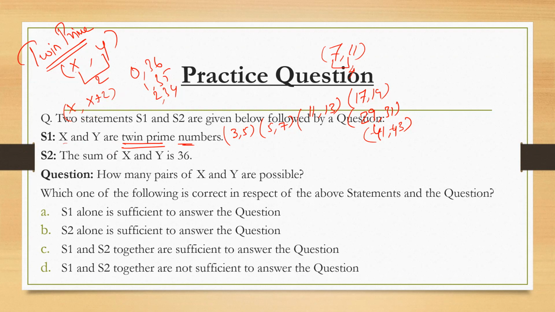If I consider statement 2, I'm getting x plus x plus 2 is 36. So 2x is equal to 34, or x is 17. That means your twin primes are 17 and 19. So one pair of x and y is possible when I take both the statements combined together.